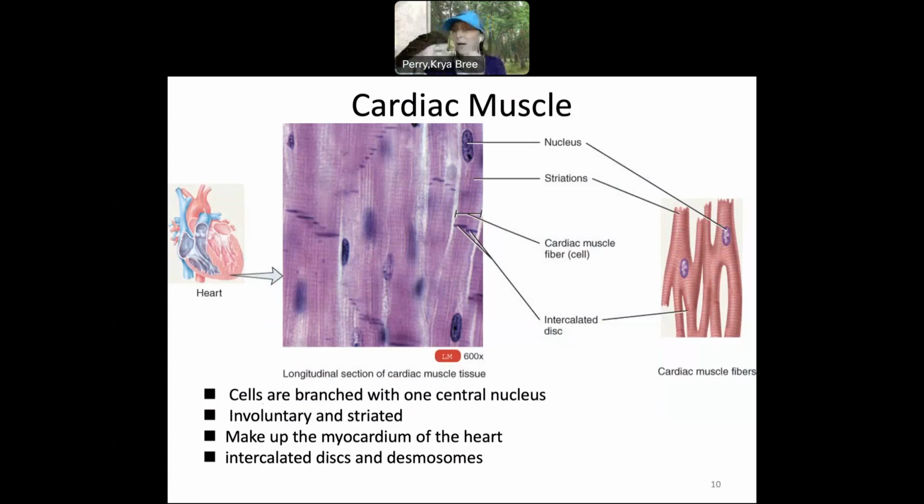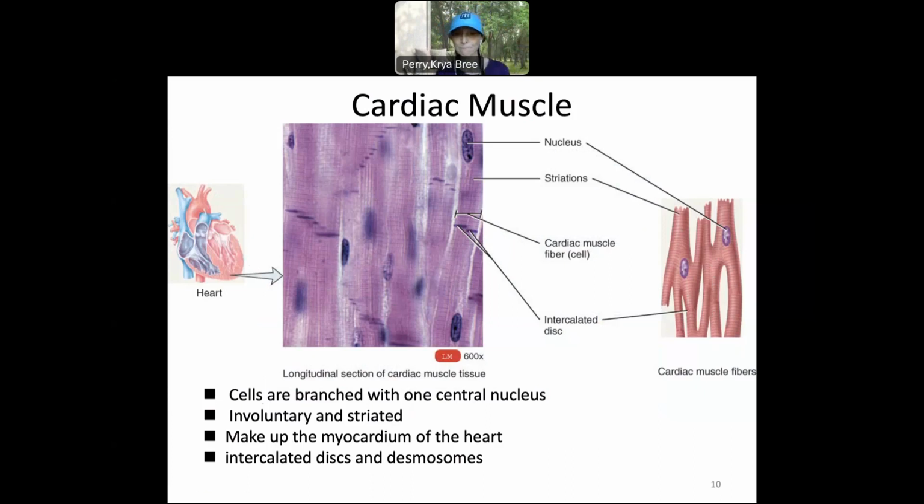That would be terrible as the heart's contracting if all of a sudden the muscle cells just pulled apart from each other. Okay. But there are also going to be gap junctions in between here. So that way, as this cell contracts, it's going to share its cytoplasmic contents with this cell that will cause it to contract. And that will make more sense once we get into how these muscle cells are contracting. And we'll talk about some of the ions that are involved with that.